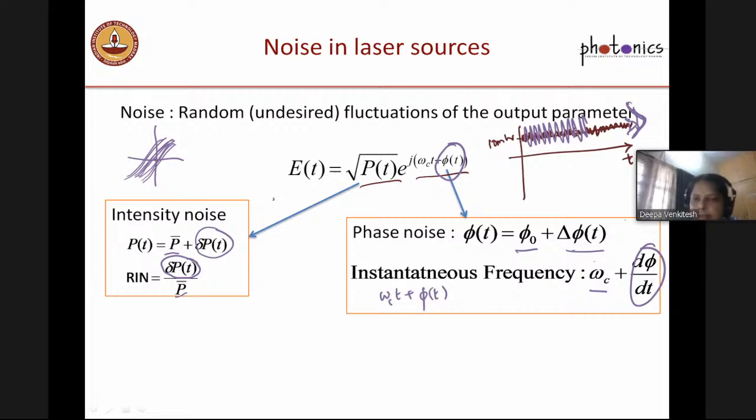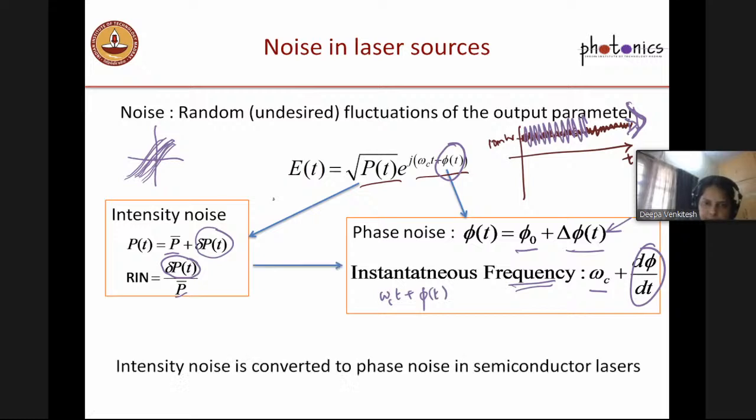Now, if this d phi by dt is not a constant with respect to time, it means that you will have the instantaneous frequency continuously changing as a function of time. And that gives rise to the phase noise of the laser. Now, if it's a semiconductor laser, there is a coupling mechanism by which the intensity noise actually gets converted to phase noise, right?